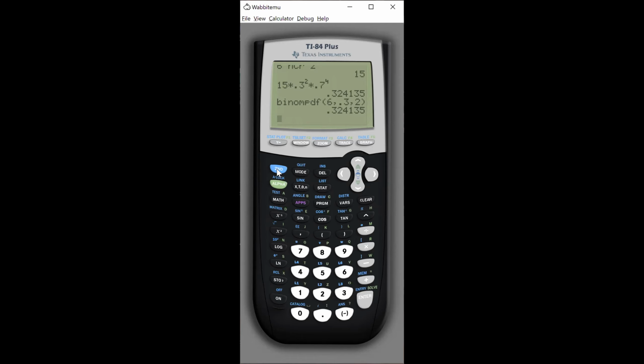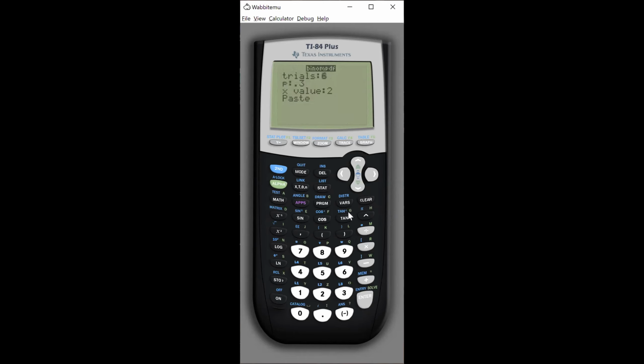Oh, so it kind of depends on your calculator. Which calculator do you have, Anna? TI-83 Plus. Okay. So for you, they call that a wizard. So you're asking how do I get to this portion, correct?